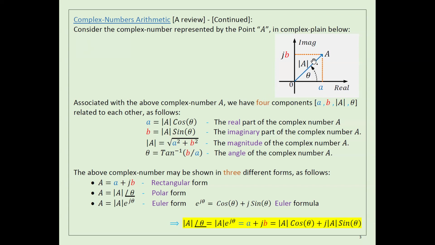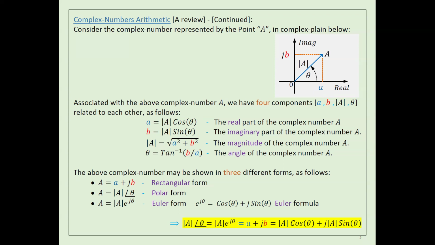If I ask you to calculate the length here, this length is the square root of a squared plus b squared. So given the rectangular form, in order to get the magnitude, all you have to do is take the square root of a squared plus b squared. That's it. That's why it always has to be a positive value.